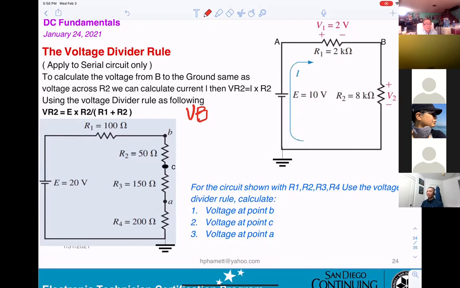If you want to calculate the voltage at B, that means at point B to the root.